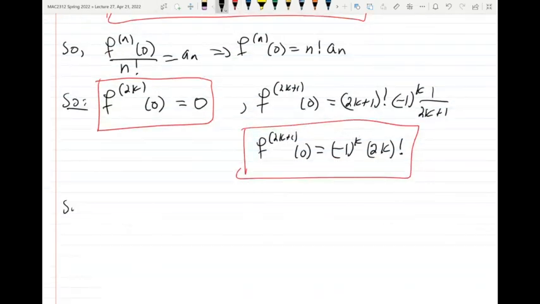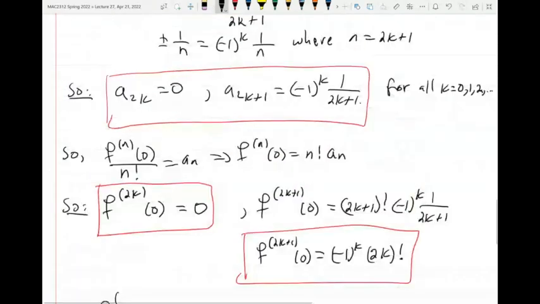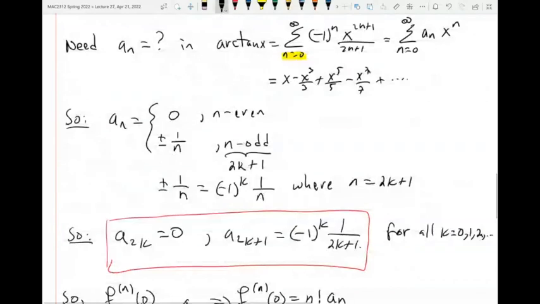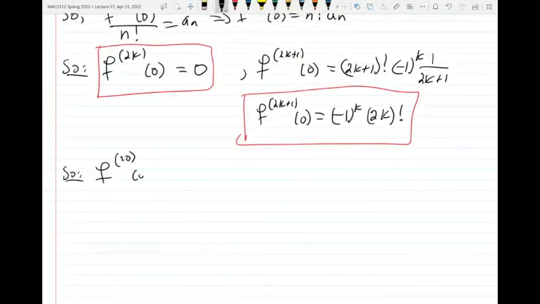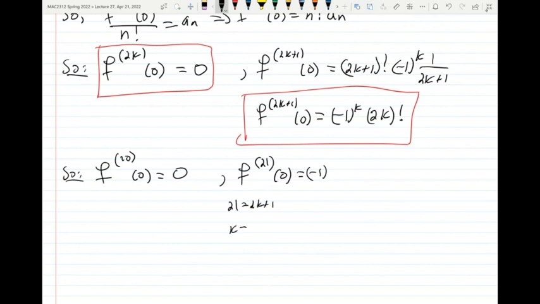So in particular, what do we want? The 20th derivative of arctangent evaluated at 0. So what is this? 0, right? Because it's even. Now what do we want? The 21st derivative of arctangent evaluated at 0. What is this? That will be negative 1 to the... well, we need to write 21 as 2k plus 1.